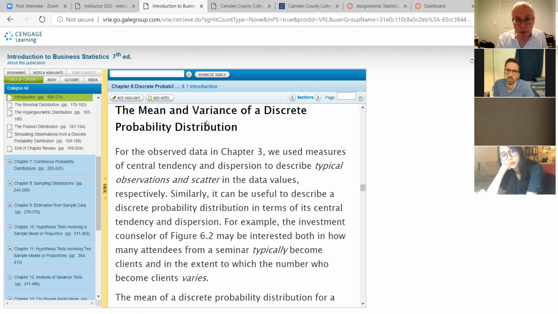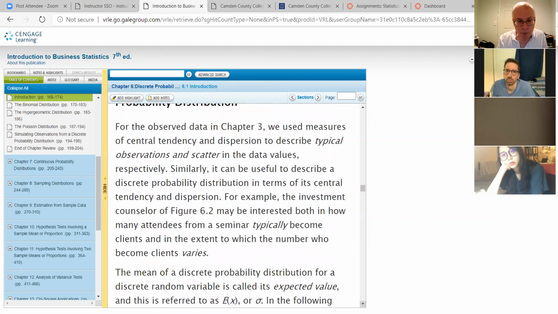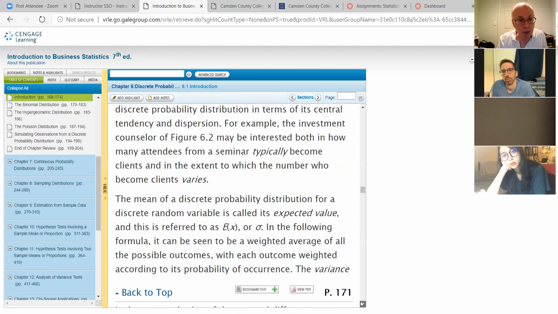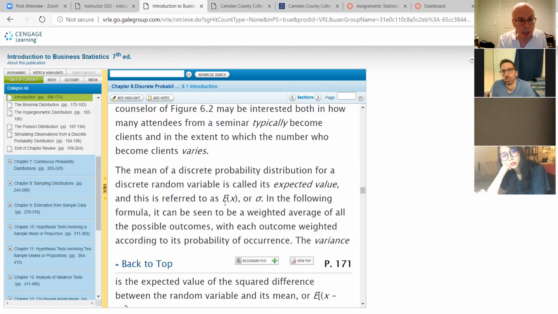Although sometimes they do ask about variance too, but typically the standard deviation is what you're interested in because it's in the same units as the mean is in. So here again, if you look down here, they put E of X as the expected value or the mean.